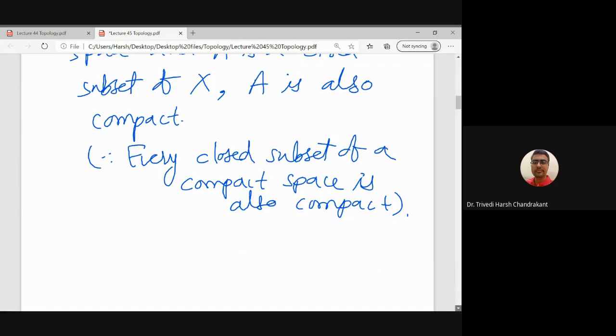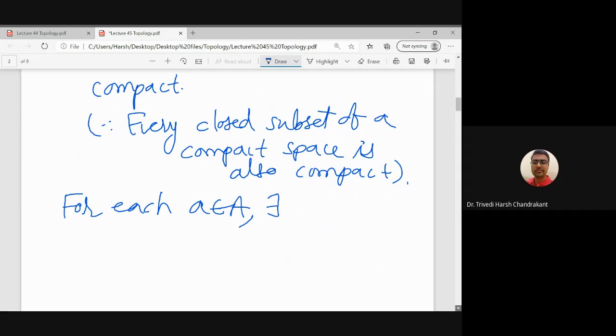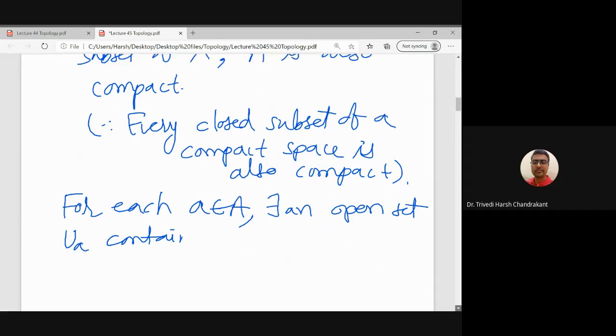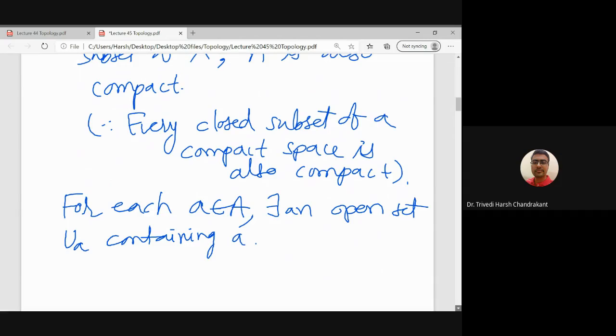Now what we will do is find the neighborhood of every point a in A. So for every element a of A, there exists a neighborhood U_a containing the point a.